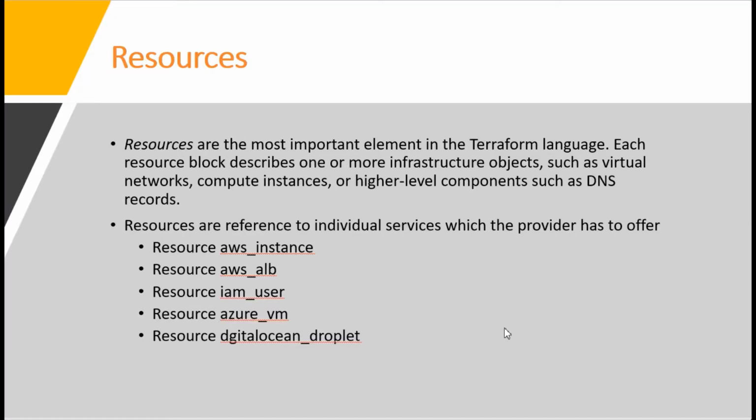Next, resources. Resources are the main important thing. Resources are references to individual services which the provider has to offer. Assume I am using AWS currently. Then I have multiple resources, let us say AWS instance, AWS ALB, IAM user, Azure VM, DigitalOcean.